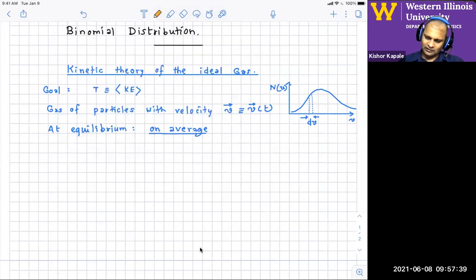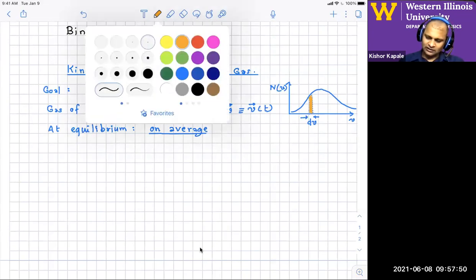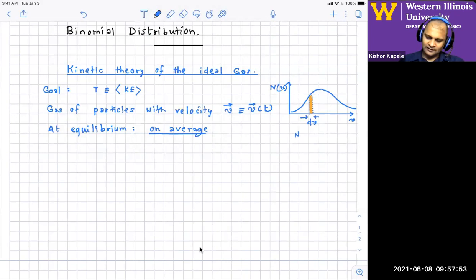So if I find this, that is essentially the shaded area equals the number of particles with v in the range, I'm just going to do some rearrangement.